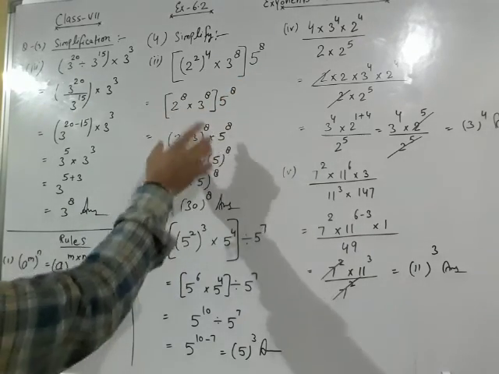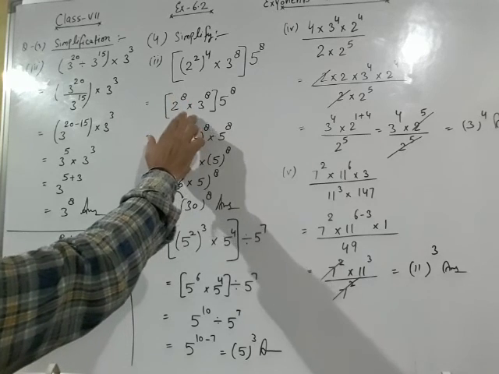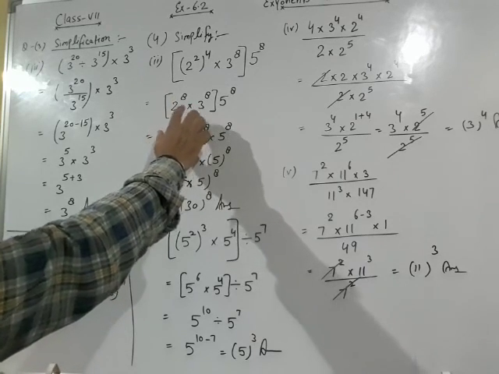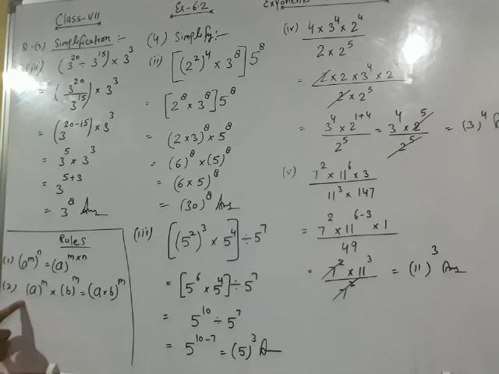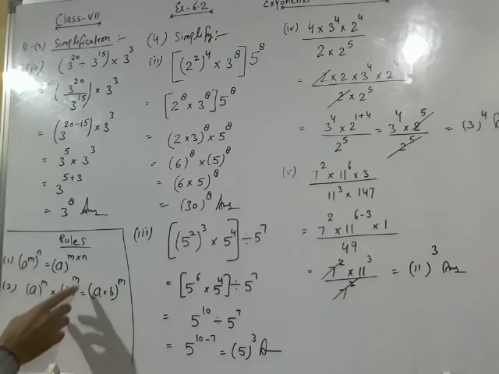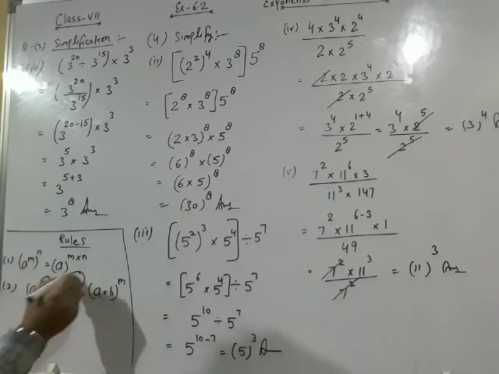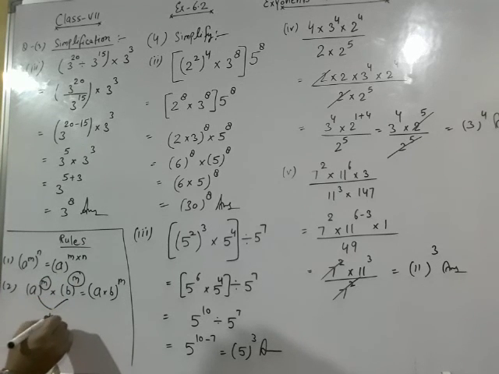Now what will we do next? Here we will apply one more formula, formula number 2. If we have a base raised to the power m and another base raised to the same power, here we can observe that the powers are same but bases are different.